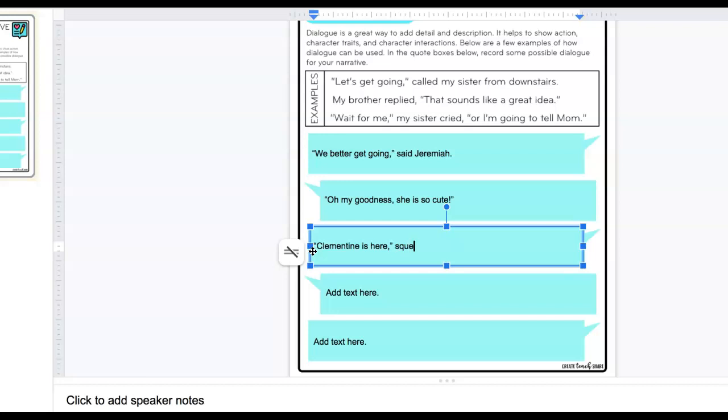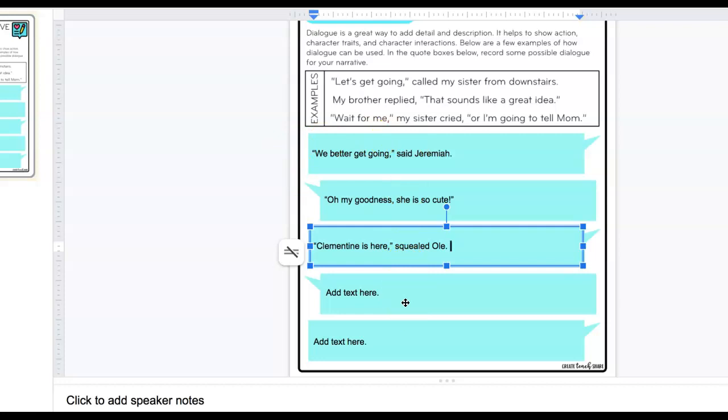That is a great word. Squealed, because squealed shows that somebody really is excited about it. Okay, so you don't always have to use said. You can use a lot of different words.